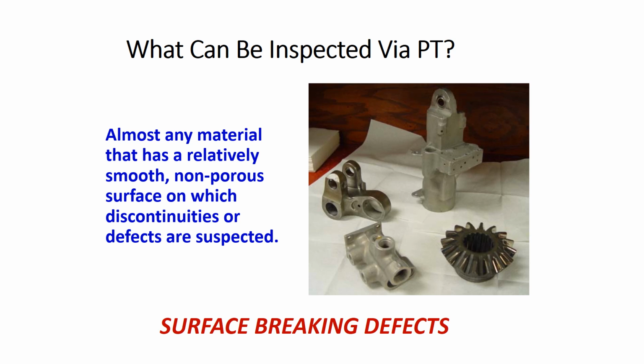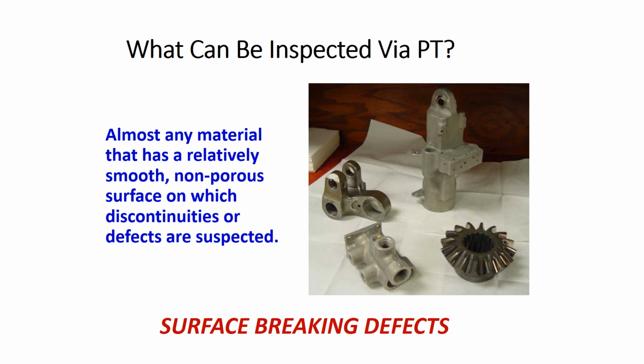And non-porous means the parts which are not porous in nature, or which don't have any kind of porous structure, such as a number of holes or honeycomb type structures on the part. This is known as a smooth and non-porous surface. These two conditions need to apply for penetrant testing.